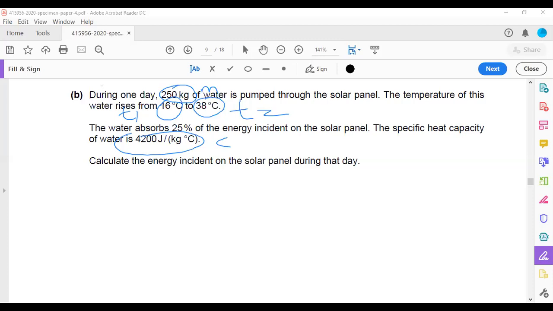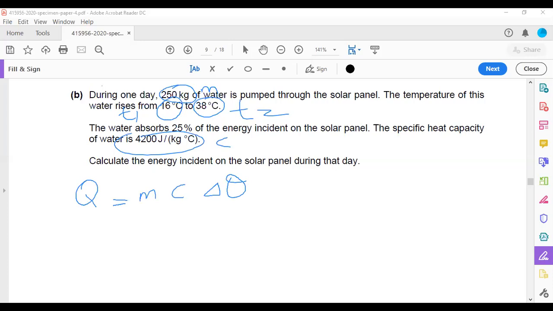So we know that Q equals mc delta theta.